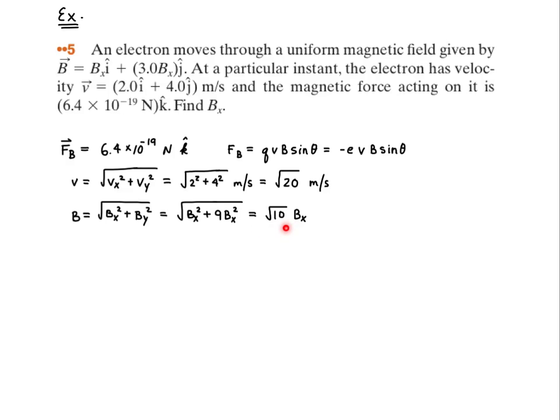Now, we don't know the angle between V and B. We don't know theta. But we can find theta if we knew the angle each vector makes with the x-axis.